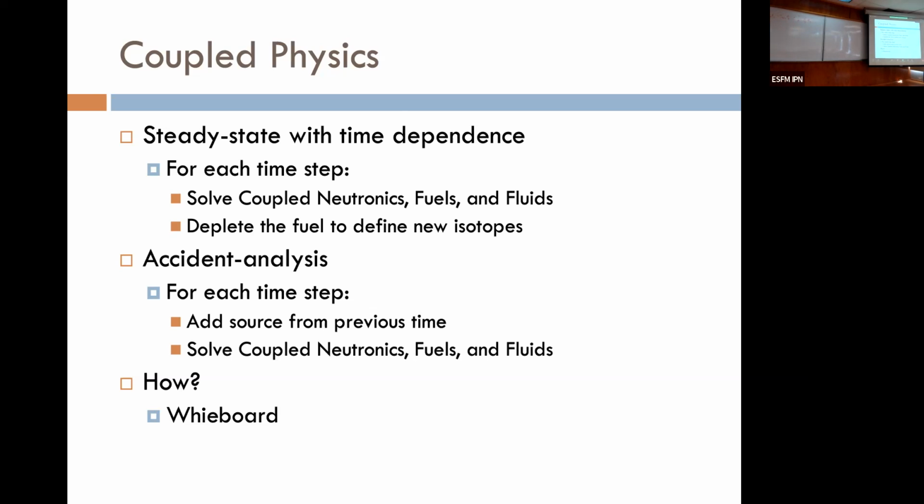Does this seem familiar to you guys, or did I take a step too far? Is this familiar from the operator notation? Let me draw it. In transport, this would be omega dot grad psi for some energy group G and direction M, plus sigma T for energy group G, psi G and M, minus the integral of scattering from 0 to 4 pi.